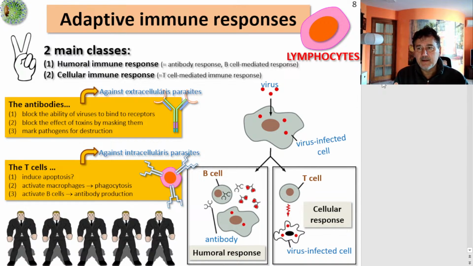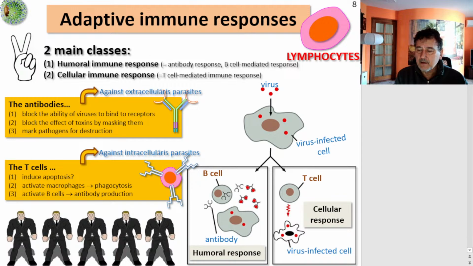The predominant majority of the bacteria are extracellular, which means that they do not enter into the cells. There are some exceptions, but this is really a rare case. While the T cells are against the intracellular parasites, which are typically the viruses.